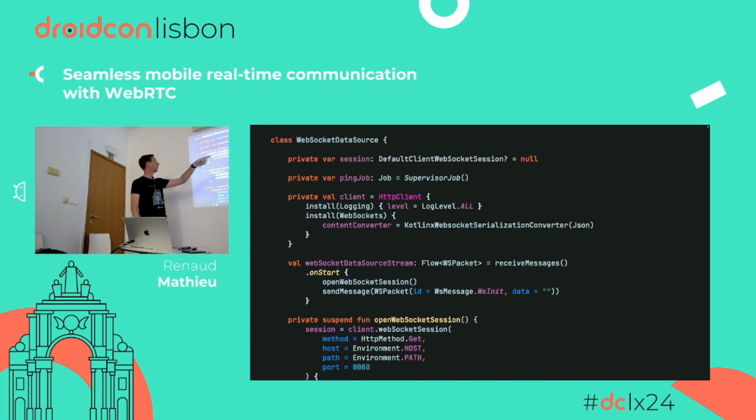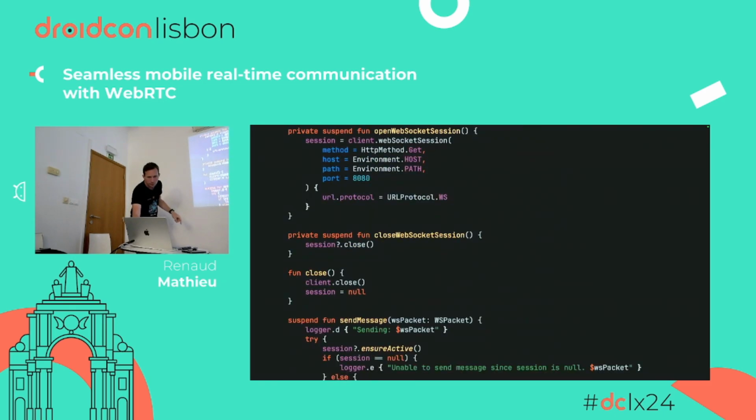It's just here: install the WebSocket, and again, install the content converter. So what I'm going to do, I receive the messages, my WS packet, which I deserialize. And on start, of course, I'm opening this WebSocket session and making sure that everything is set up. And then I can take this one. So the session is here, we can close and send messages, and voila.